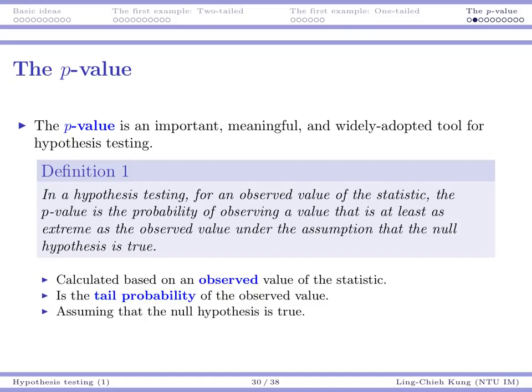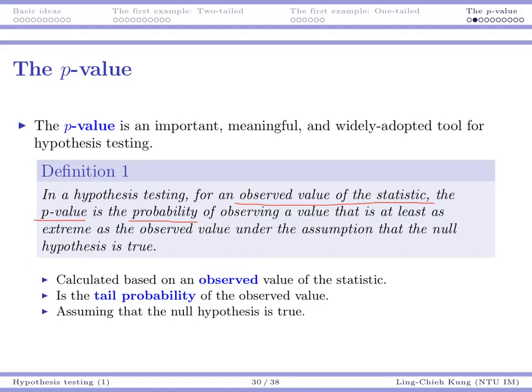So eventually, we know a few things. First, the p-value is a probability. It is calculated based on an observed value of the statistic. And then, it is a tail probability of the observed value.